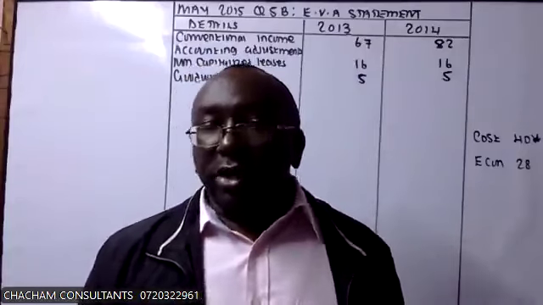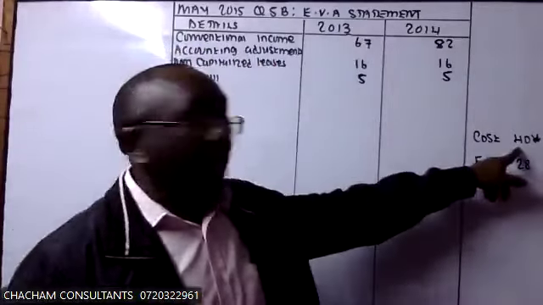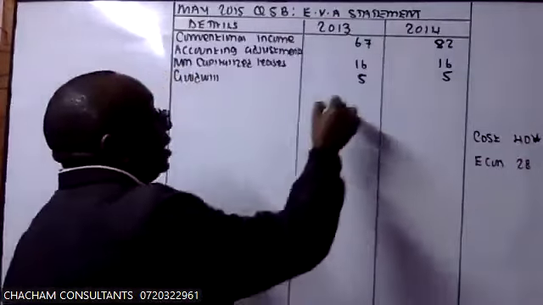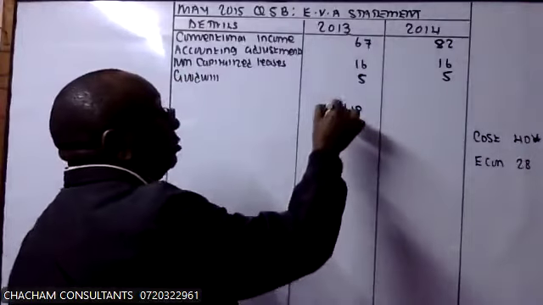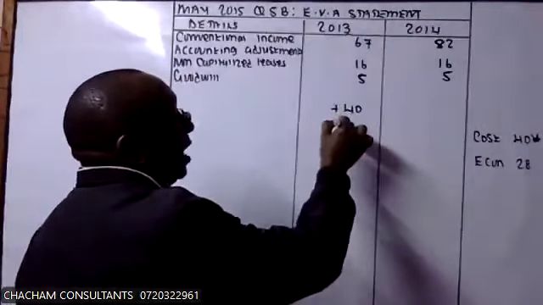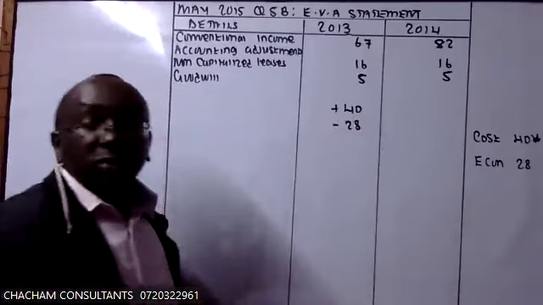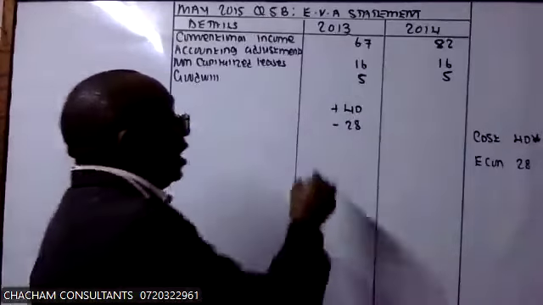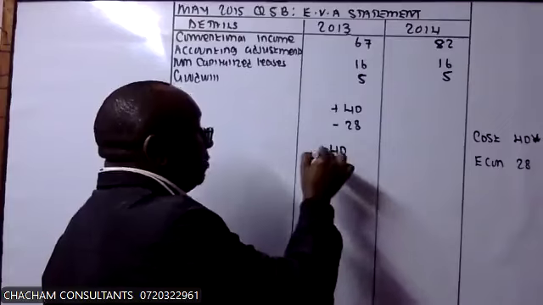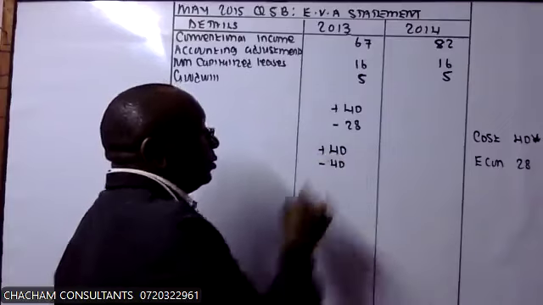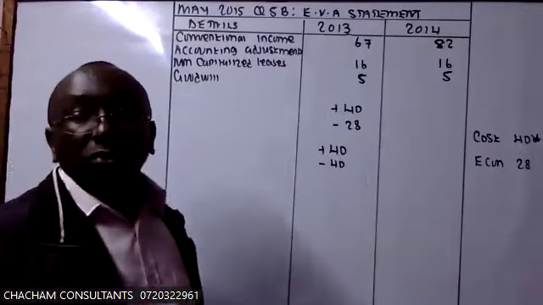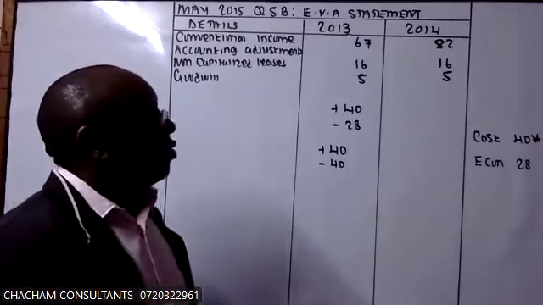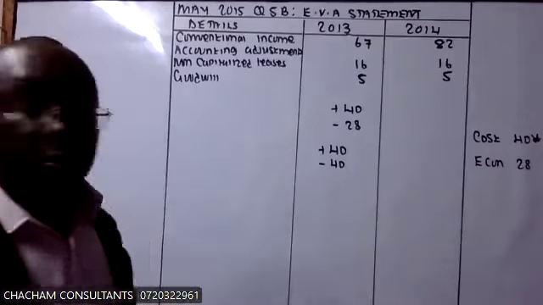So in the conventional, washatoa hii as an expense. So IVA says you should add back the 40, and you should less now the economic one. That's what should happen. But sasa kwa hii swali wanasema the cost is the same as the economic. So if they are the same, you don't have to show the transaction because the net effect is zero. Okay, I get it now. I see.